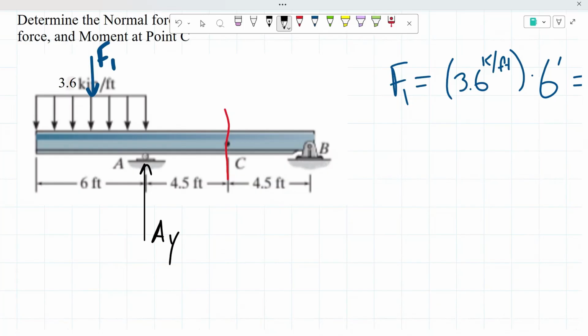To determine A sub y, I'm going to take the sum of the moments about point B, because that way the two reactions at our pin support will not create a moment, meaning we would simply be able to solve for our reaction A sub y.